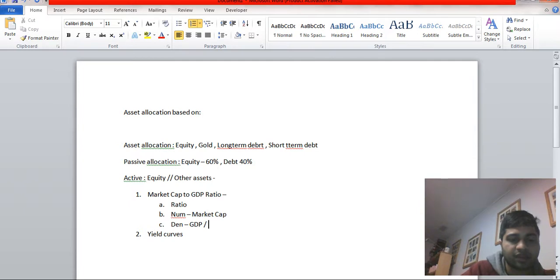We can also have gross national product, or gross national income. But irrespective of what you use, the logic remains the same. So this ratio is composed of market cap in the numerator, and in the denominator we have gross domestic product, GNP, GNI, etc.